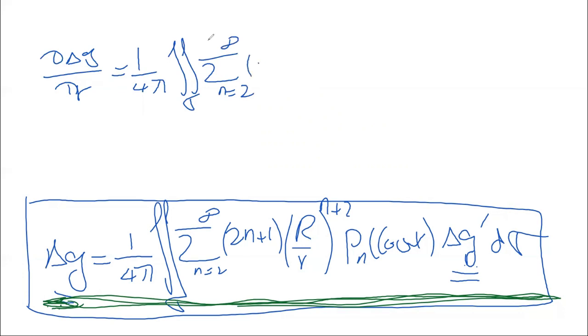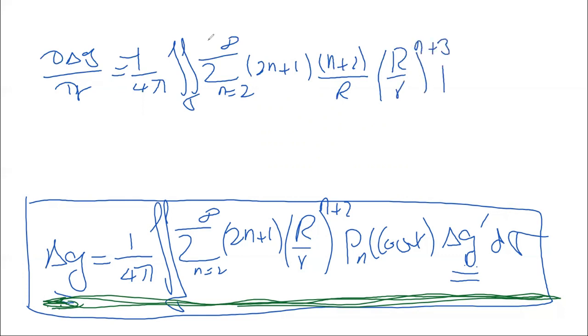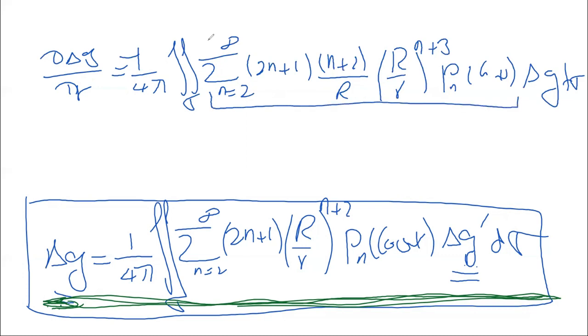If I take the derivative, n plus 2 divided by r, minus 1 comes here, R over r to the power n plus 3, Pn cosine psi, delta g d sigma. That's one way.